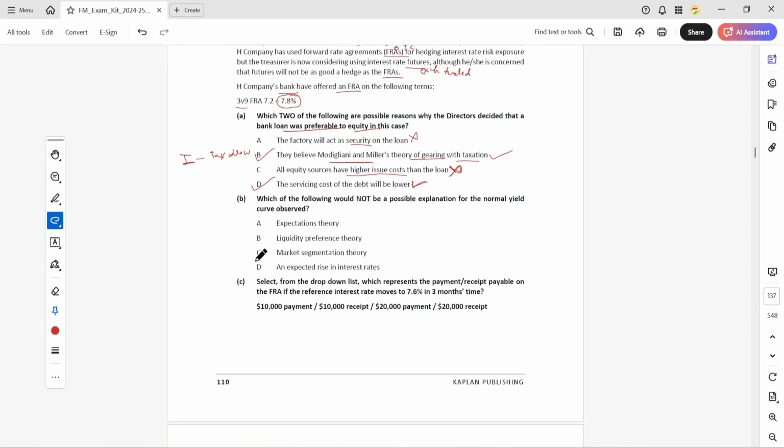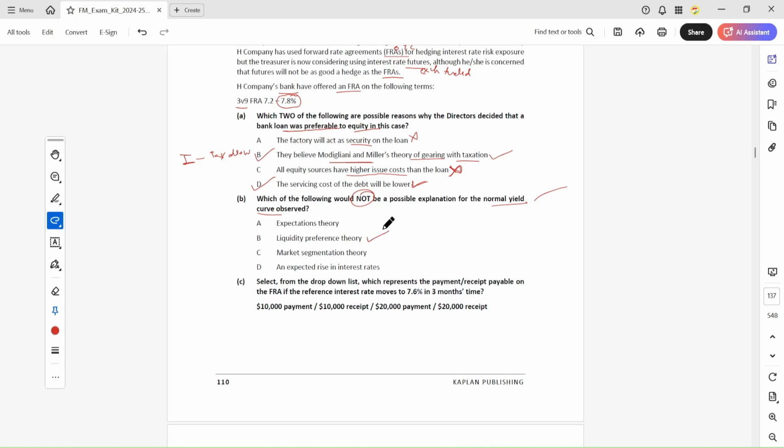Which of the following would not be a possible explanation for the normal yield curve? Normal yield curve is like this. A normal yield curve can be explained by expectation theory and liquidity preference theory.